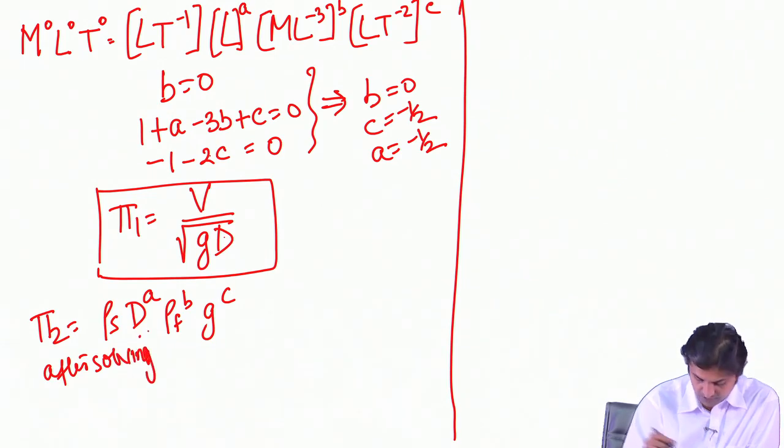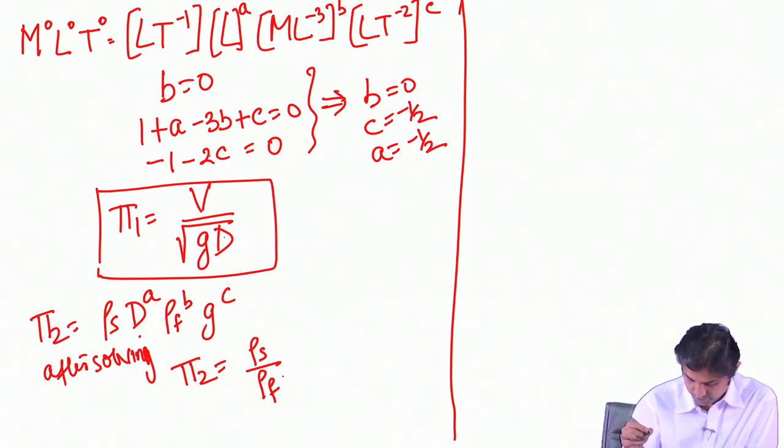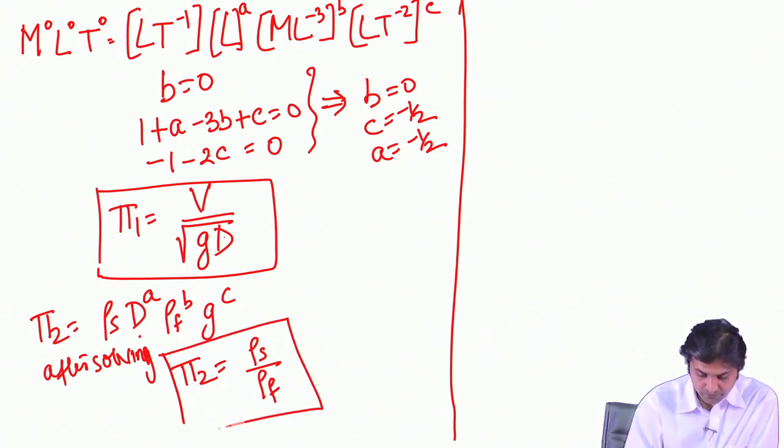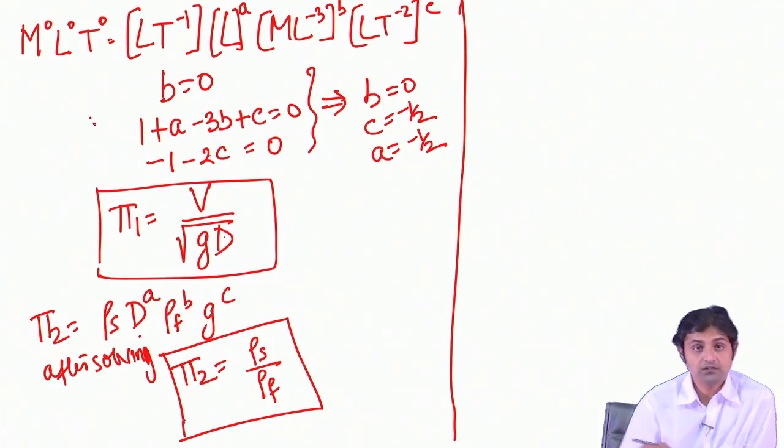After solving, we can simply get pi 2 is equal to rho s by rho f. You can solve this using the same procedure given here.